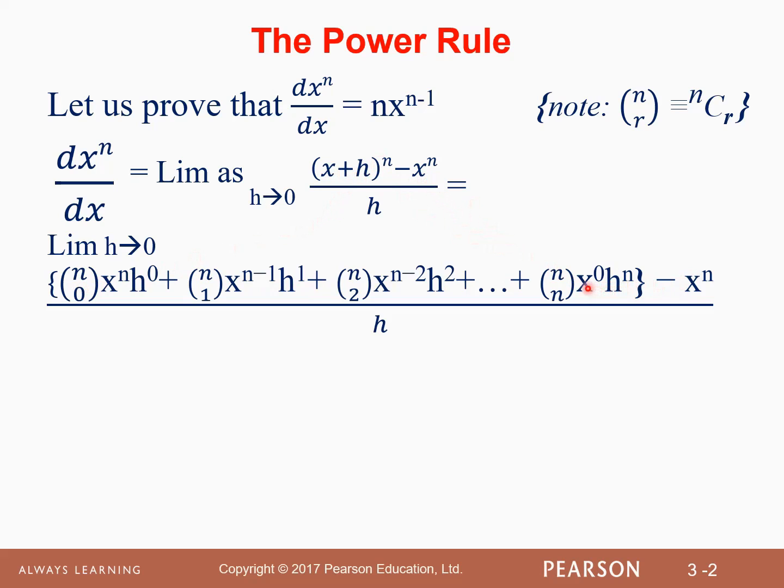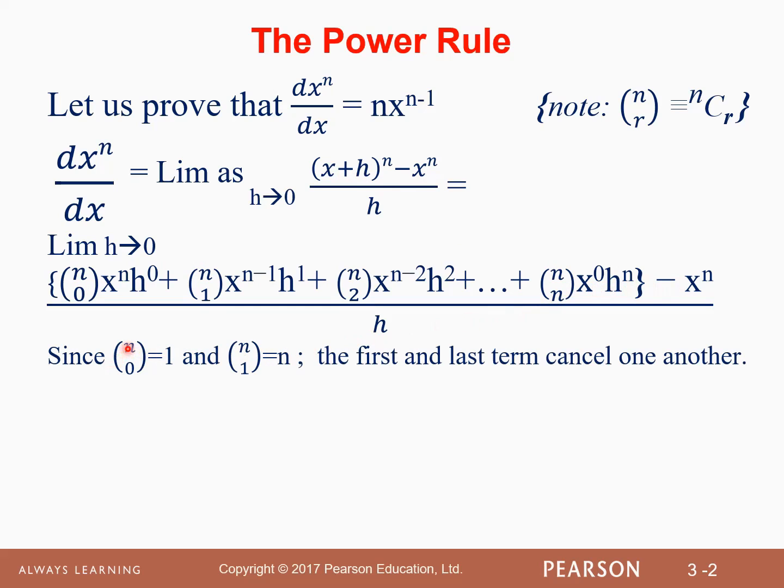It's clear that 0 chosen out of n is equal to 1 and n chosen out of n is equal to 1, so the first term and the subtracted term cancel one another. The first term is 0 chosen out of n, which is equal to 1, so we have x to the power n, and h to the power 0 is equal to 1.